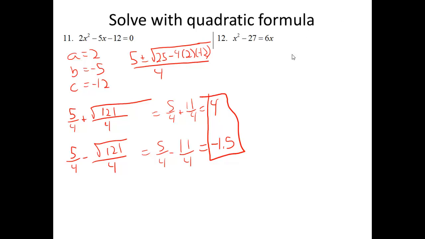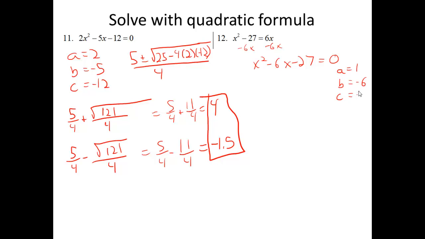Number 12. Here we just got to get 6 over the other side, so we're going to subtract 6x from both sides. Rewrite the equation. X squared minus 6x minus 27 is equal to 0. Now we're going to use the quadratic formula. A is equal to 1. B is equal to negative 6.